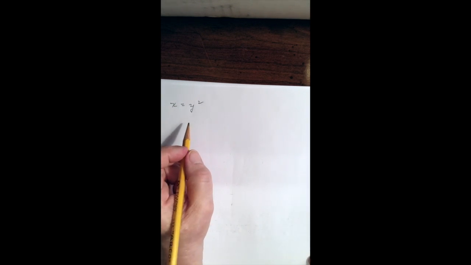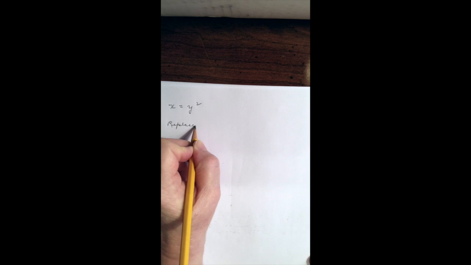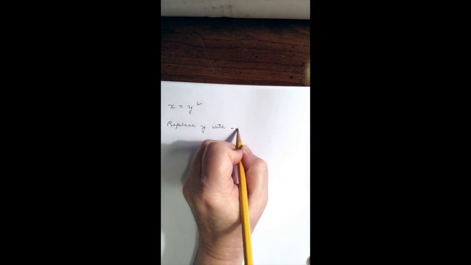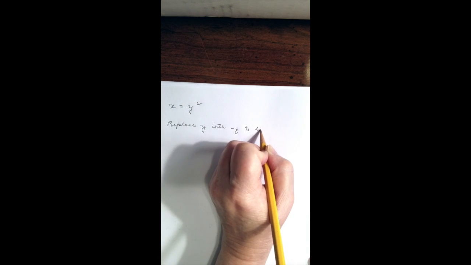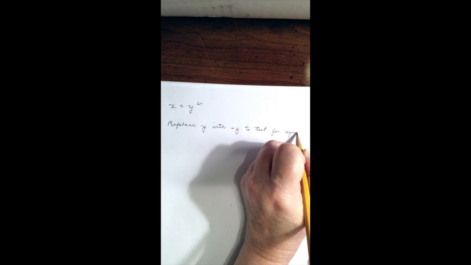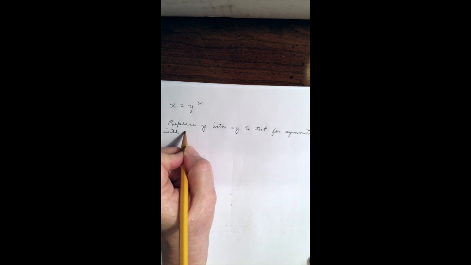And our algebraic test for that is to replace y with negative y. So let's replace y with negative y to test for symmetry with respect to the x-axis.